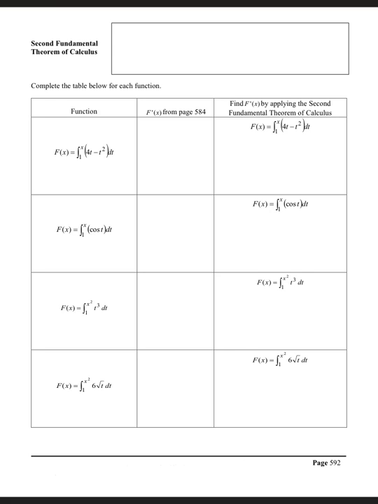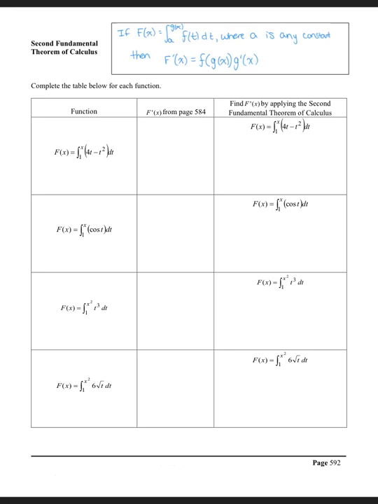So it says that if capital F of x is equal to the integral from a to g of x of f of t dt, where a is any constant, then f prime of x is the same as f of g of x times g prime of x.